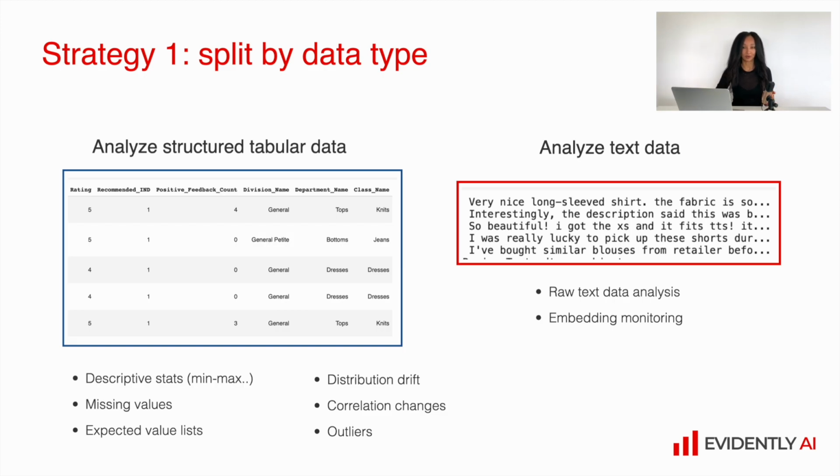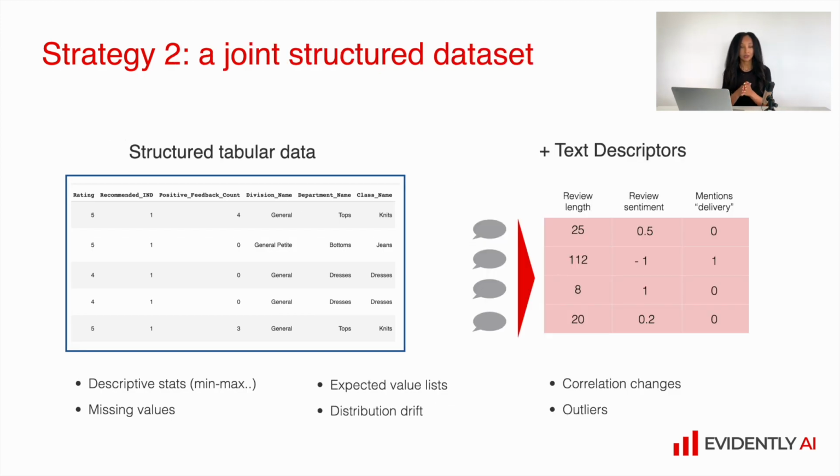That's pretty straightforward. The second strategy is actually based on the descriptors. So if you have unstructured data, for example text, you can come up with a lot of meaningful descriptors which describe the properties of your text. And as soon as you moved from the raw text to descriptors, you already have structured data, right? Why not join this structured representation of text with the metadata you have in your dataset?